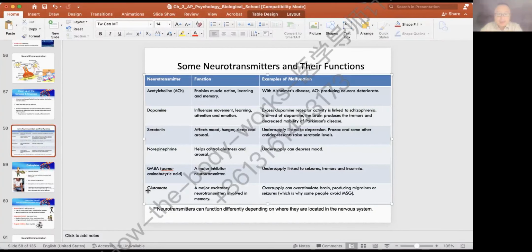And the last, glutamate. Glutamate is a major excitatory neurotransmitter, and it is involved in memory. Also, in our daily life, there's glutamate in condiments. For example, if you think, oh, this dish is very yummy and tasty, maybe some condiment called glutamate has been added to the dish.